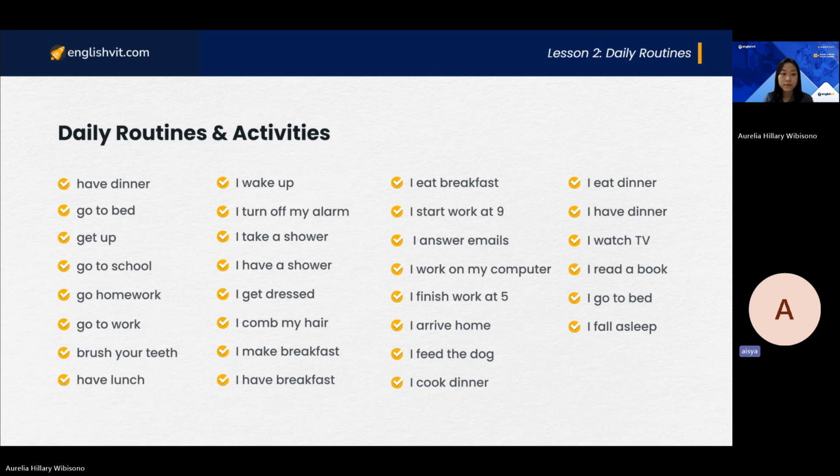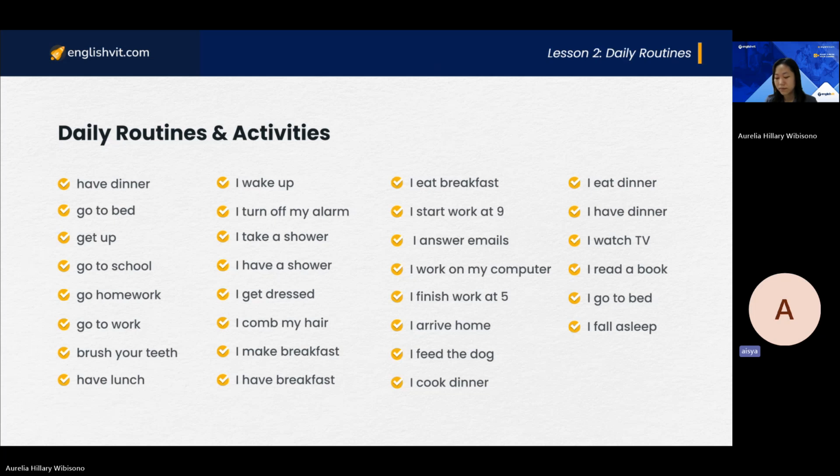Bersiap untuk tidur. Beristirahat. Get up, bangun. Go to school, pergi ke sekolah. Go homework is the same like do homework, ngerjain PR, pekerjaan rumah.